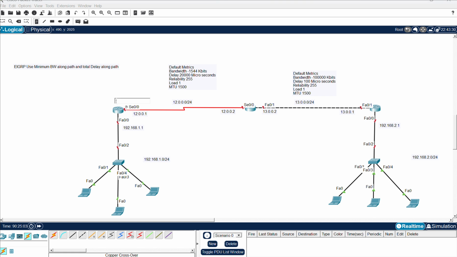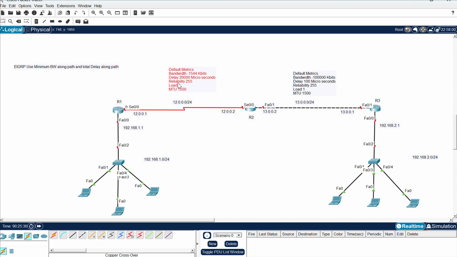Here we have 3 routers, R1, R2, R3. Between R1 and R2, I have taken a serial connection. We are not using serial connections nowadays, but just for understanding purposes I have taken a serial connection here. And between R2 and R3, Fast Ethernet connection.